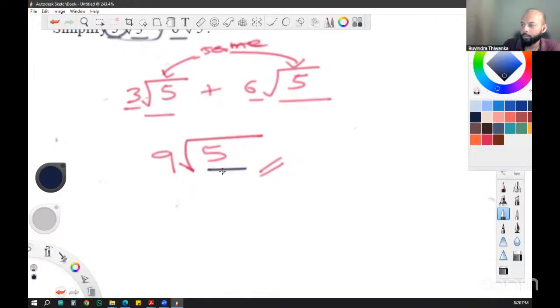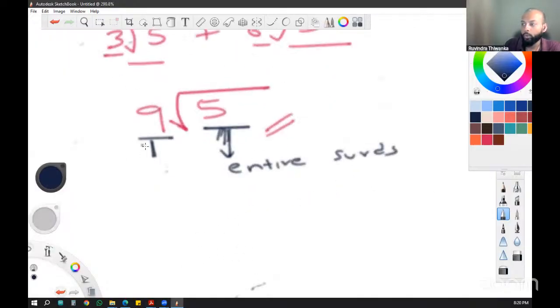Here now there's root 5 and 9. If they want to find this in entire terms, what we are going to do is pair this 9 and put that inside the square root.